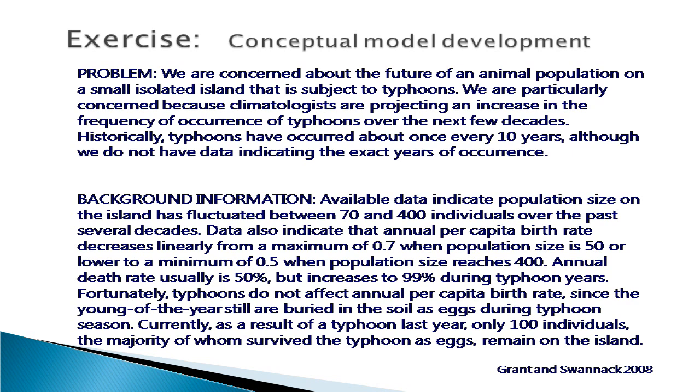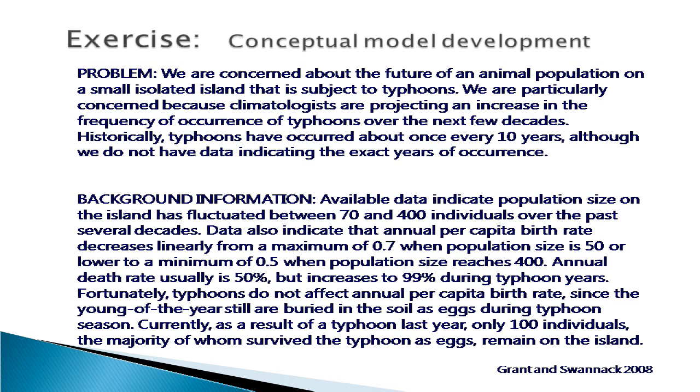Annual death rate usually is 50%, but increases to 99% during typhoon years. Fortunately, typhoons do not affect annual per capita birth rate, since the young of the year still are buried in the soil as eggs during typhoon season. Currently, as a result of a typhoon last year, only 100 individuals, the majority of whom survived the typhoon as eggs, remain on the island.